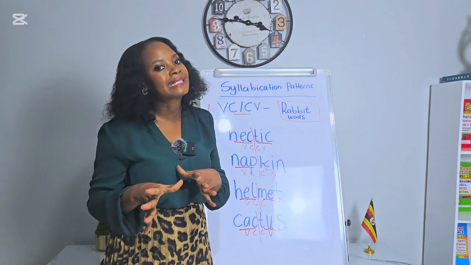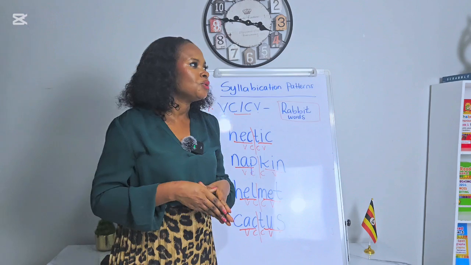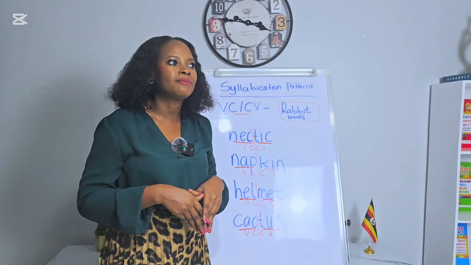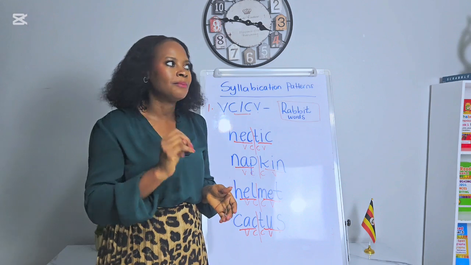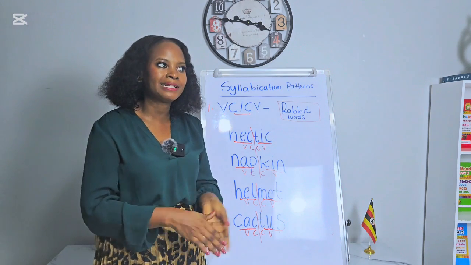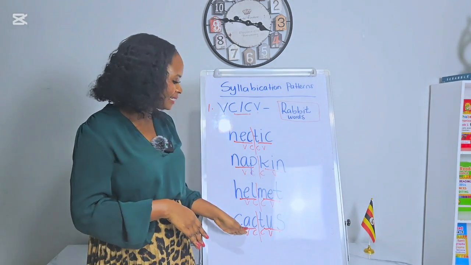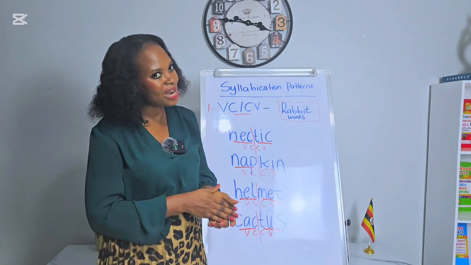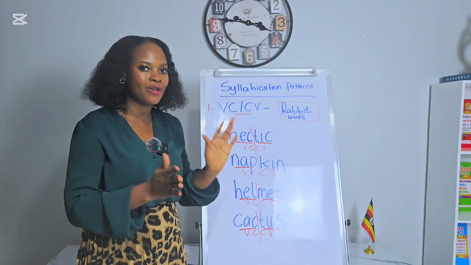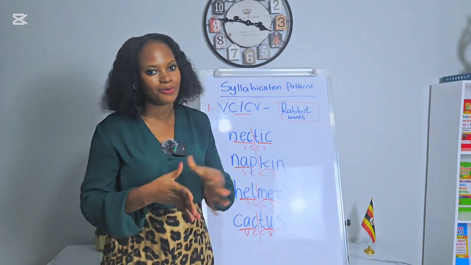Just imagine I asked you to write the word cactus. You would say, how many syllables do I hear? Cactus. 2 syllables, all right. What's the first part? Cac. You write those letter sounds down. What's the ending sound? Tus. You write those letter sounds down, and that way you have just spelled the word cactus correctly.